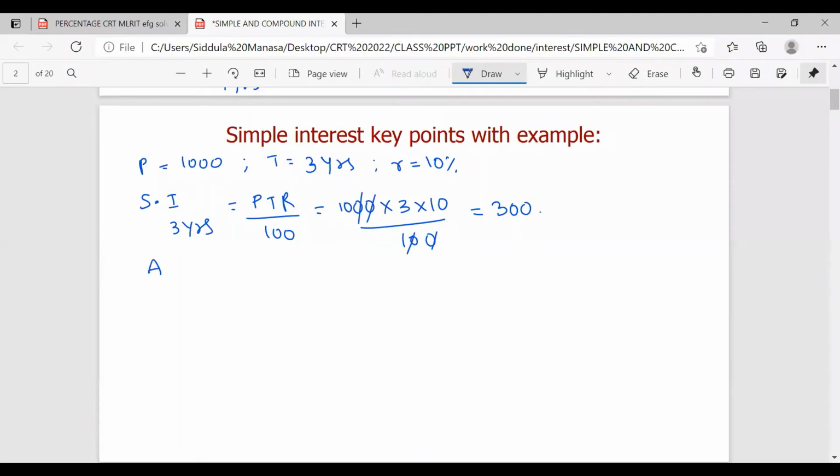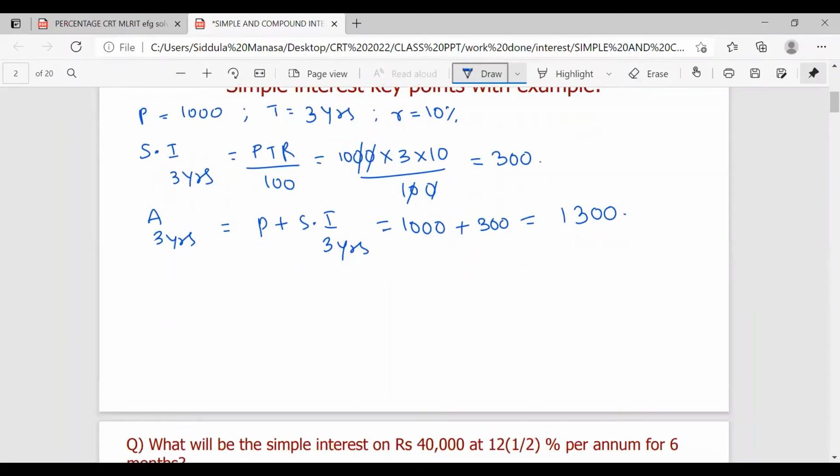So the amount at the end of the 3 years equals principal plus simple interest for 3 years, which is 1000 plus 300, equal to 1300. Now simple interest for 3 years is 300.